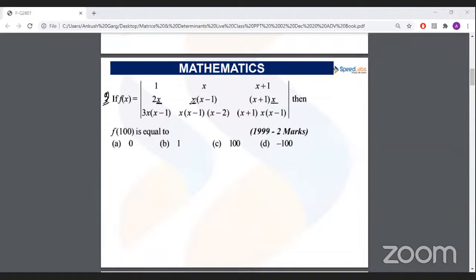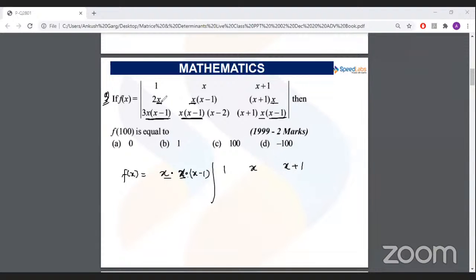From the second row, you can take x common because x is multiplied with all the three elements. In the third row, you can take x into x minus 1 common, right? x into x minus 1 common ले सकते हैं यहाँ से, right? So if I take out these elements, that is x from the second row and x into x minus 1 from the third row.